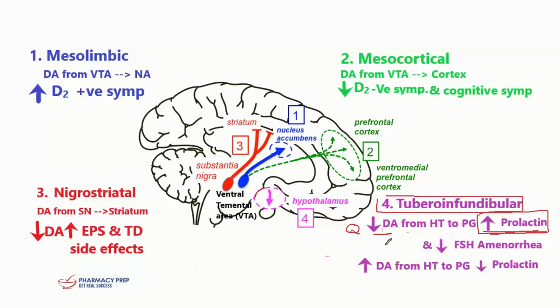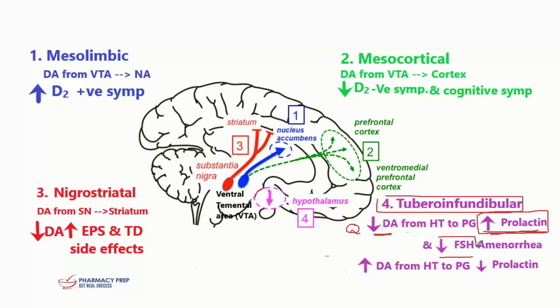And one more high yield point is that whenever there is a decrease in dopamine, it can also lead to a decrease in FSH, follicle stimulating hormone, from the pituitary gland.